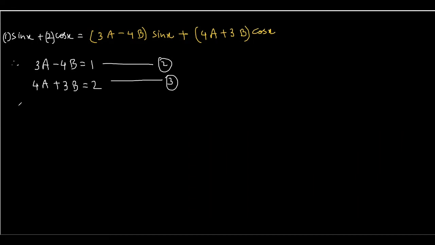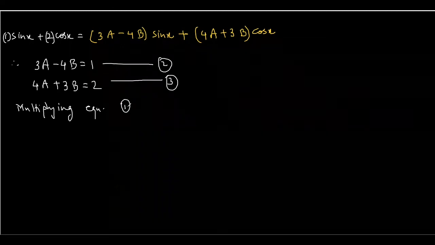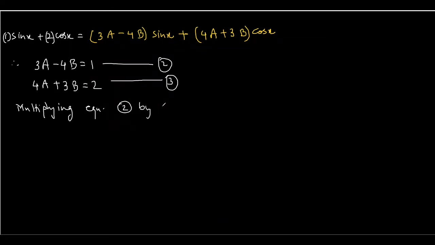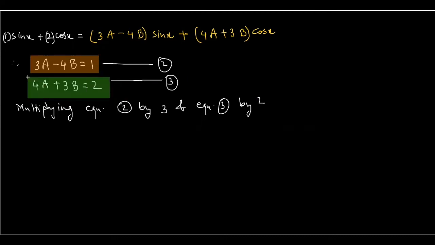So I write here, multiplying equation 2 by 3 and equation 3 by 2. I multiply this equation by 3, and this equation by 2.